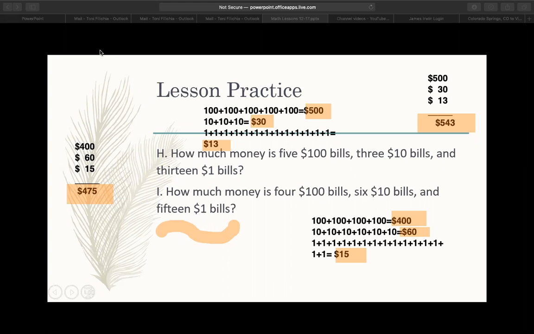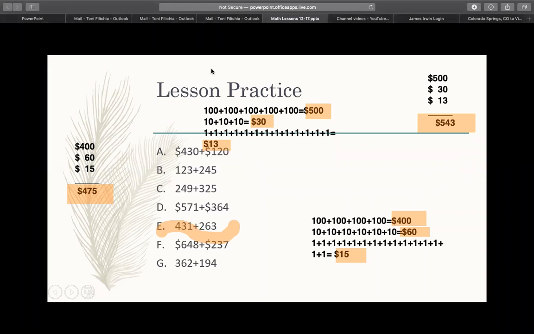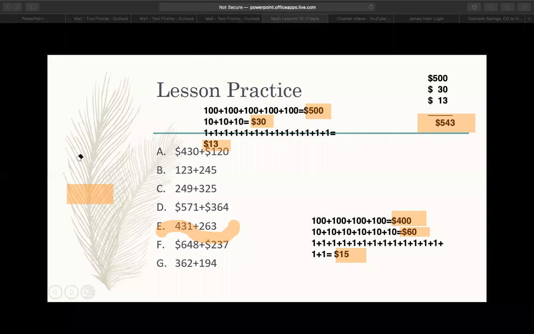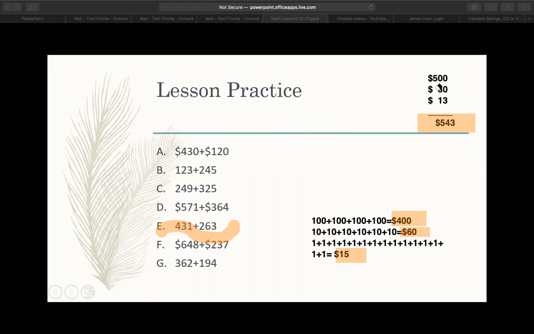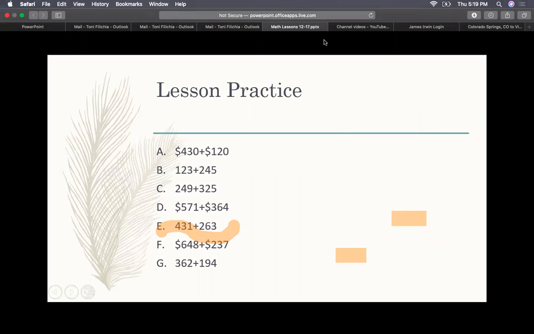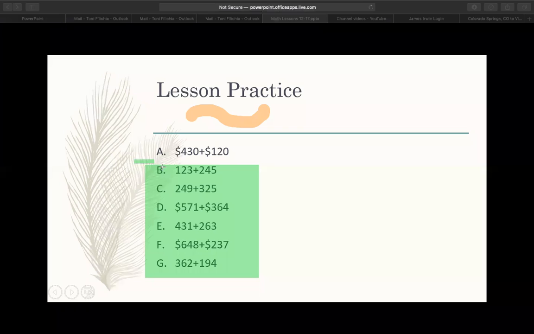Now you can pause the video now to write these down. And going back to our questions before, everything that you see highlighted in green, you can pause the video now and solve these problems.